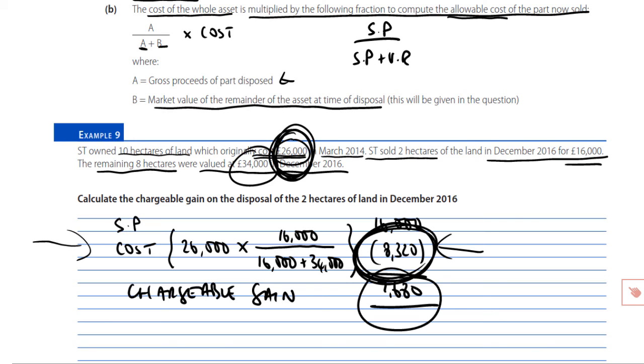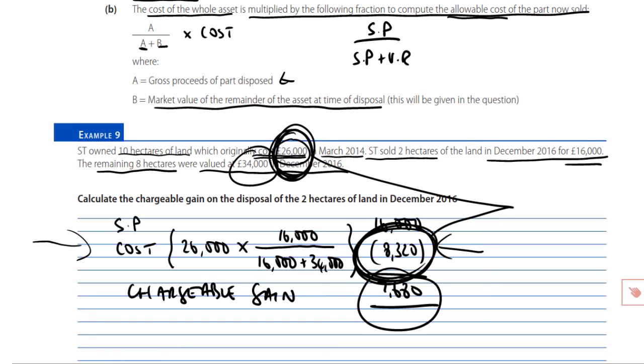Therefore, if I now sell the remaining 8 hectares, 26 was the total original cost, 8,320 has been originally used, take 8,320 from 26, that will be the amount of cost still available to go against now this subsequent disposal.